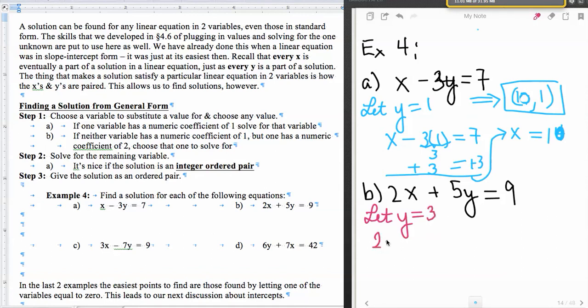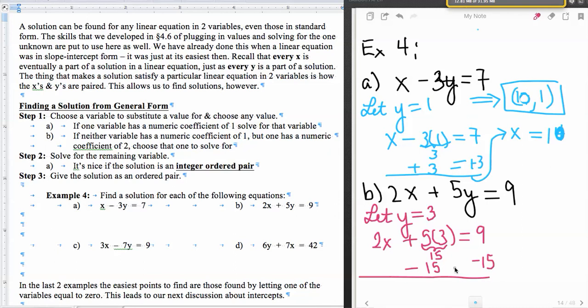So 2 times x plus 5 times y, which is equal to 3, I substituted in, is equal to 9. So 3 times 5 is 15, so that's a plus 15, so I'm going to add the opposite of 15 to both sides so that I can solve this equation for x.